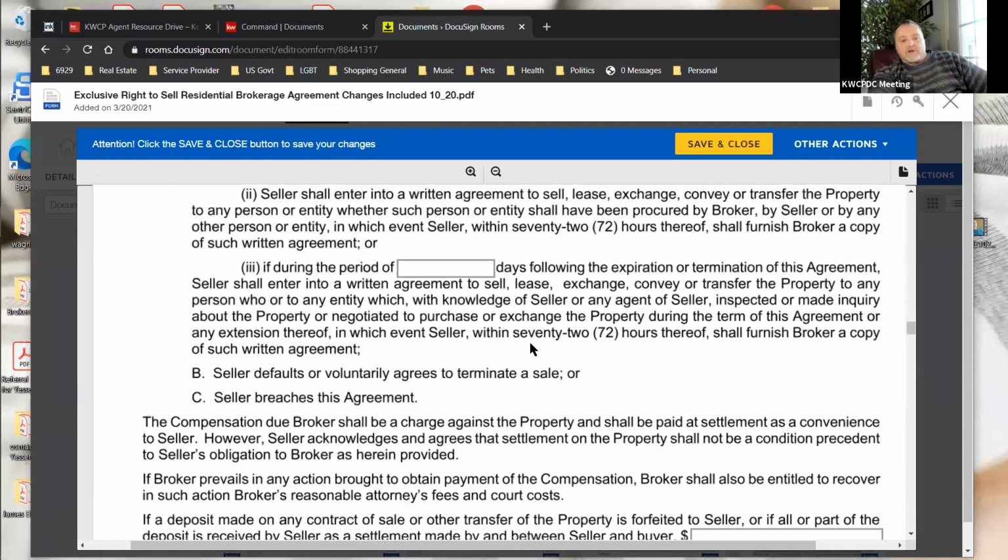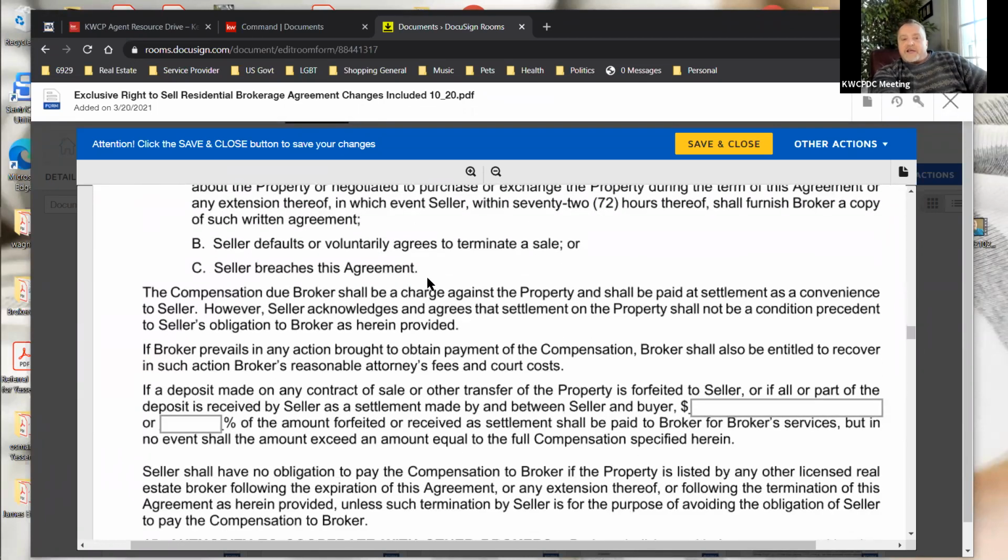We can use that as leverage with our sellers to make sure they understand that they've got to perform. They may not only have obligations to the buyer, but they also have obligations to us as a brokerage. Now, trying to enforce those things, like David said, is another story, but the language is here and is clear.